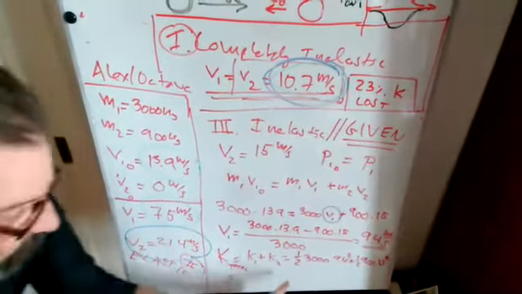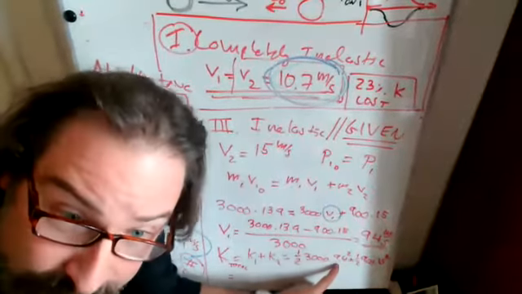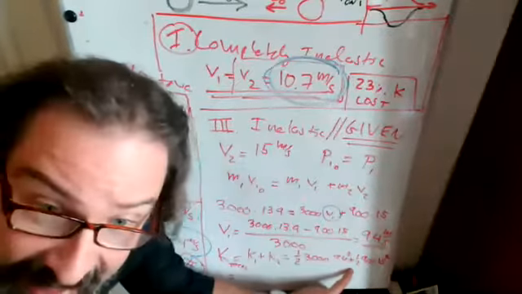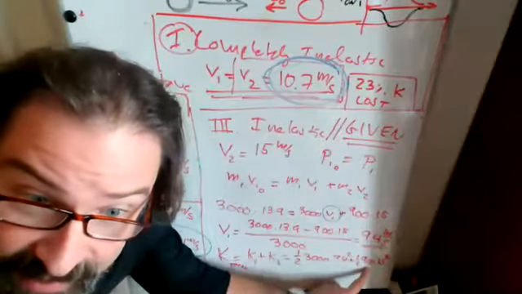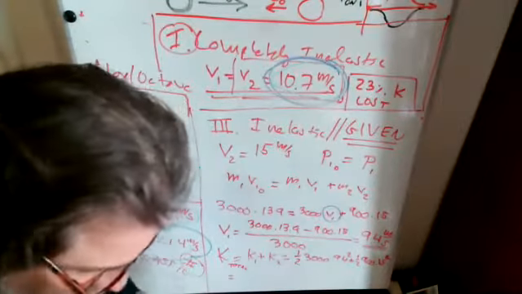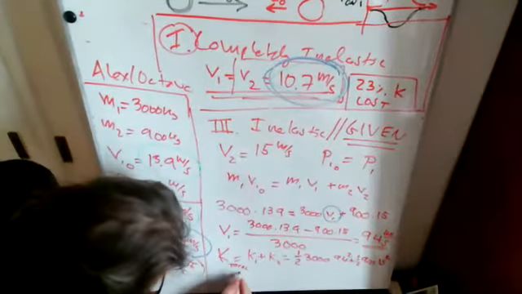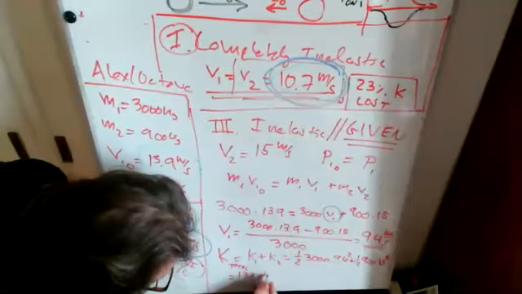So we have 1/2 3,000 times 9.4 squared plus 1/2 900 times 15 squared, which is Octave's situation. Let's plug the values in and see what we get. 9.4 squared times 1,500, for the first one I get 132.5.